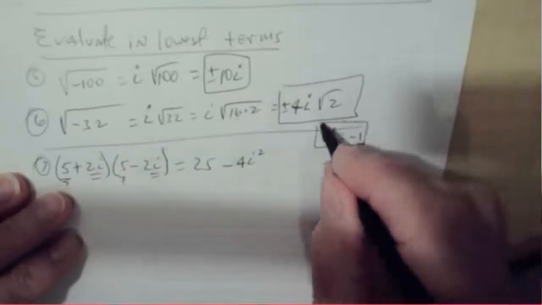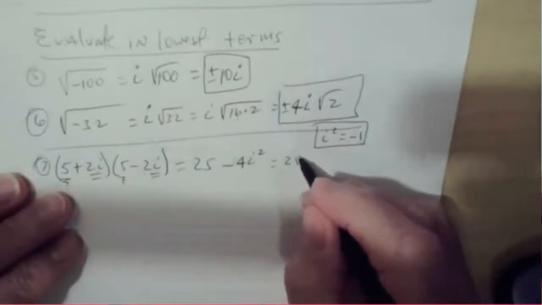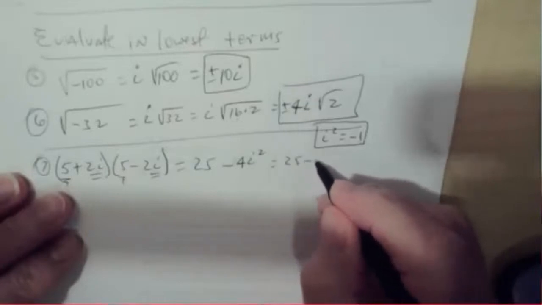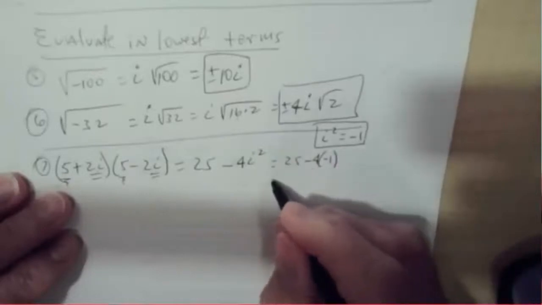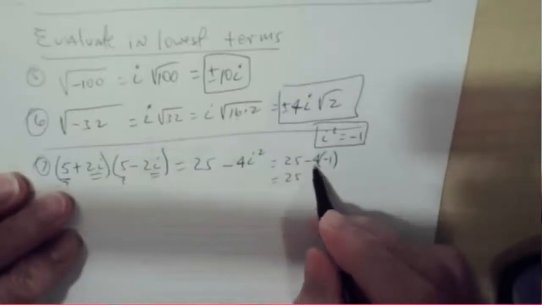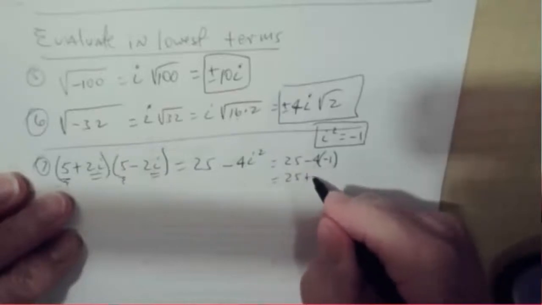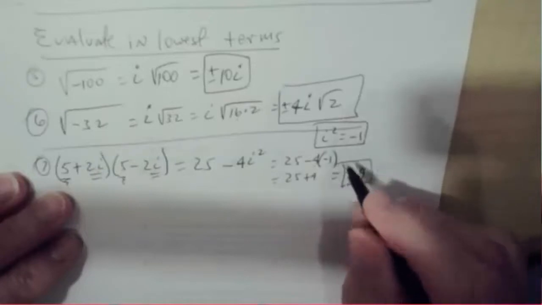So we have 25 minus 4 times negative 1, which equals 25. Negative 4 times a negative 1 is a positive 4. So this equals, if my arithmetic is right, 29.